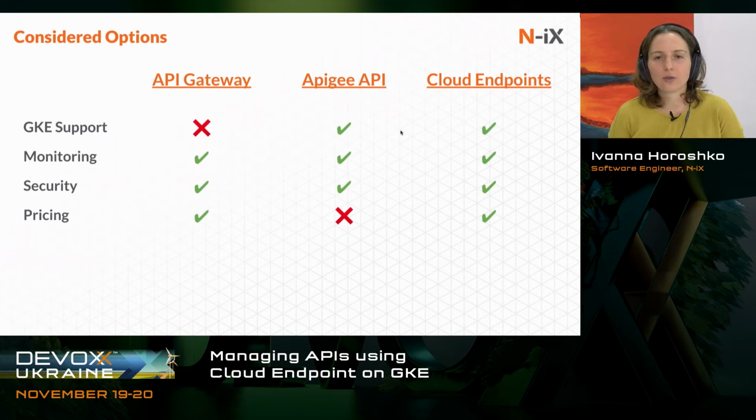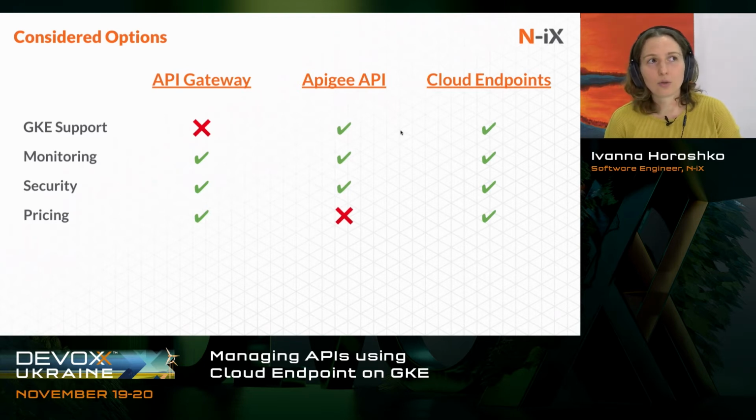The second solution that GCP provides is called Apigee API, which also fulfills all of our needs. The problem we had with it was pricing. I cannot say whether it's expensive or not, but at the point we were developing, we realized that the pricing of Apigee API was way too high for us.